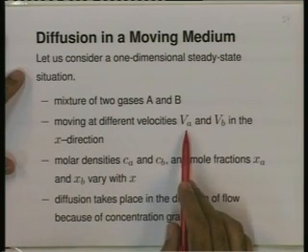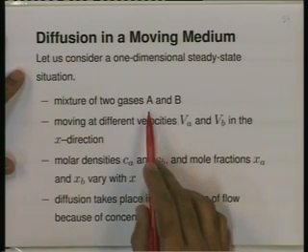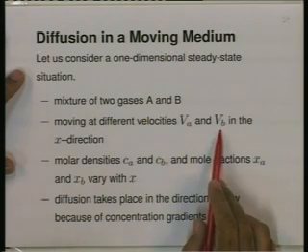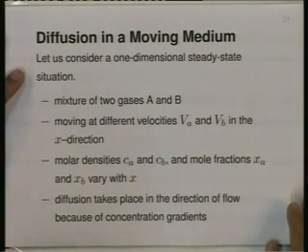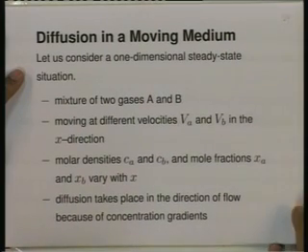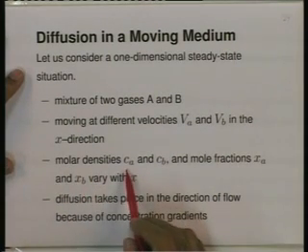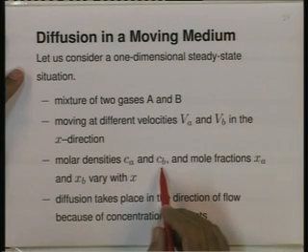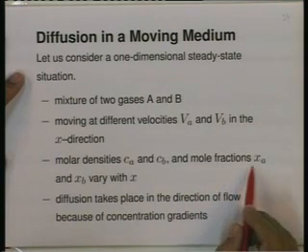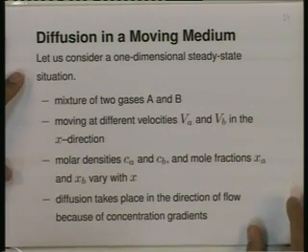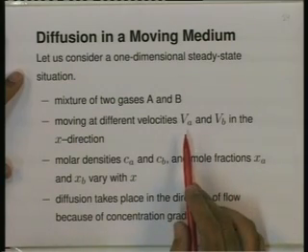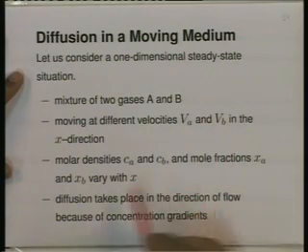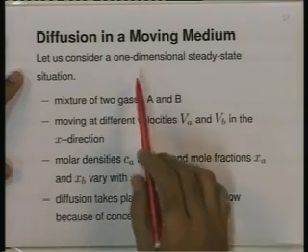In the x direction, let VA be the velocity of component A and VB be the velocity of component B. Let the molar densities at a particular location of the gases be Ca and Cb, kg mole of A per meter cube, kg mole of B per meter cube, and the corresponding mole fractions be Xa and Xb. And it is possible that Va, Vb, Ca, Cb, Xa, Xb vary with x, because it is a one dimensional situation.